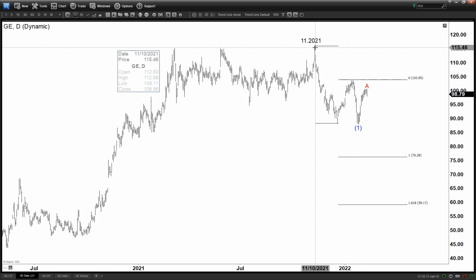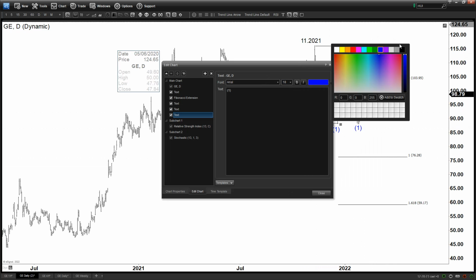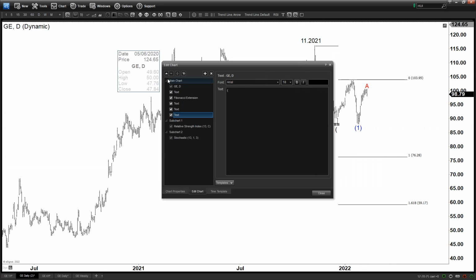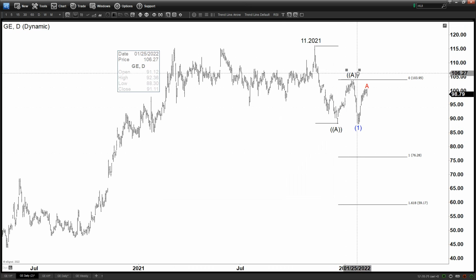So let's say if you want to call this some sort of ABC on the daily time frame, that will be a higher degree. That means we are now looking for 3 4 and 5, so looking for wave 2, 3, 4 and 5. So with this count, in the larger degree it is bearish, right?